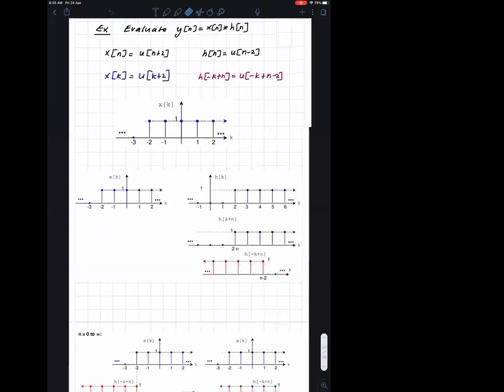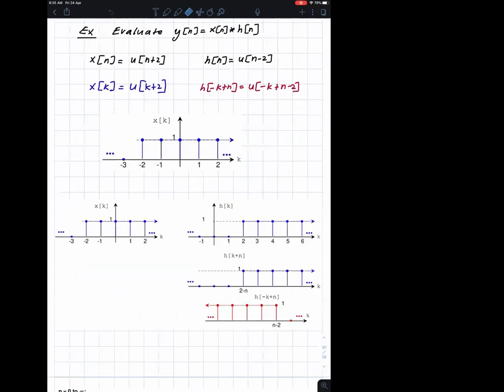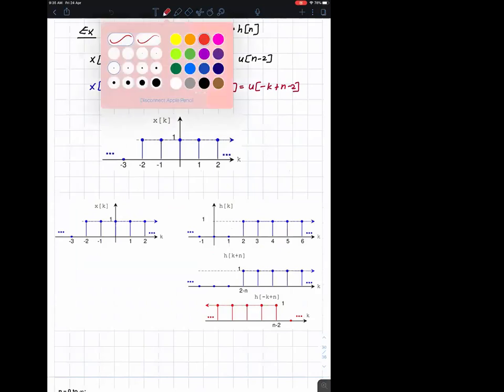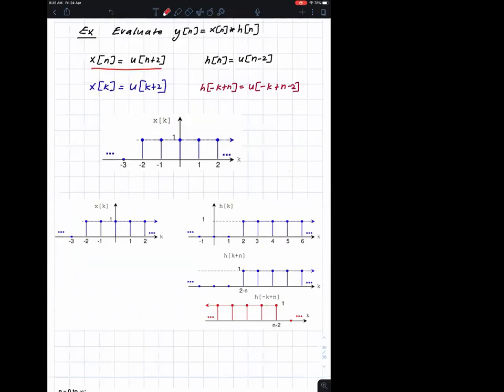Okay. So we have two signals here. Let's say you have signal x[n] is u[n plus 2], and then x[k], you change variable. You let n equal k. Another signal, you have h[n], u[n minus 2].